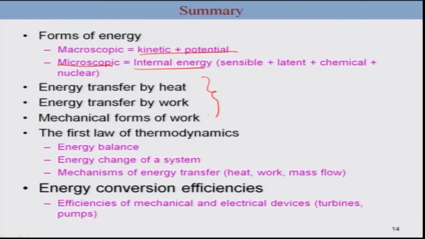These are different forms of transfer of energy, and particularly heat and work will be recognized only at the boundary. We went through the first law of thermodynamics, went into the details, went to the expression, applied this particular expression or the analysis to a system, and eventually we ended this module with energy conversion efficiency and some examples. So that will be the end of this lecture.